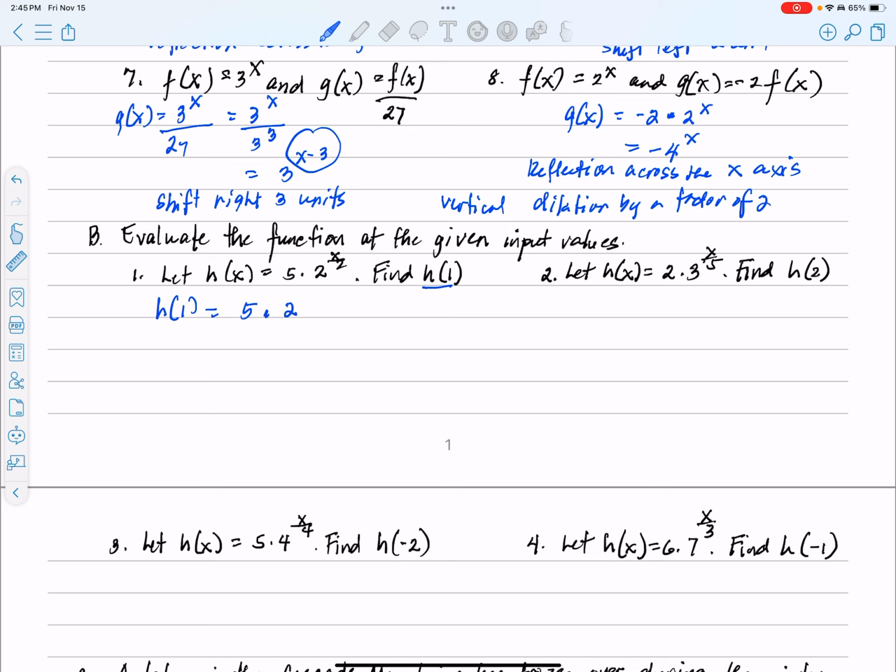Remember the unit fraction exponent? We can change 2 to the 1 half to the square root of 2. So your answer is 5 square root of 2.